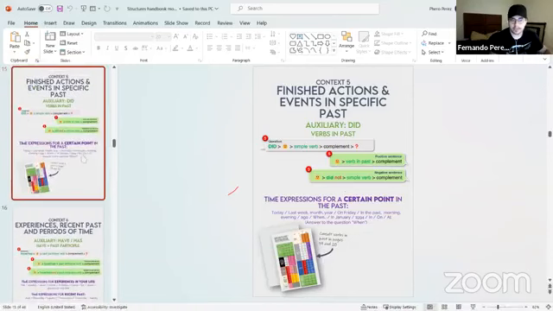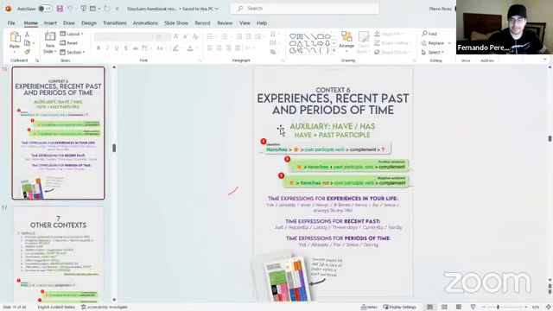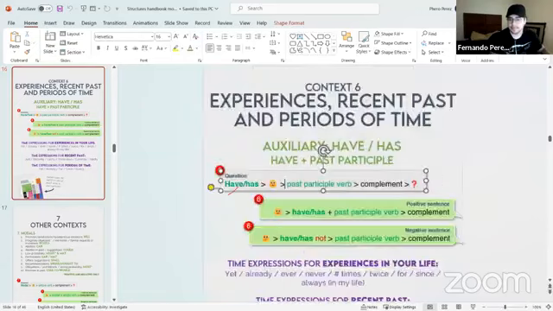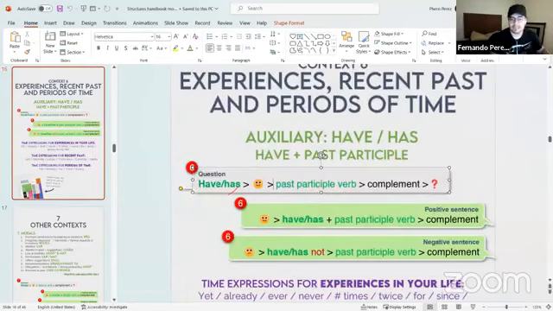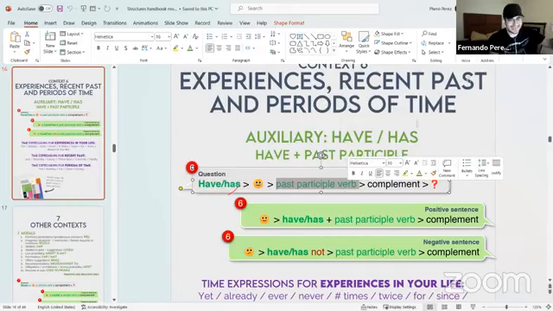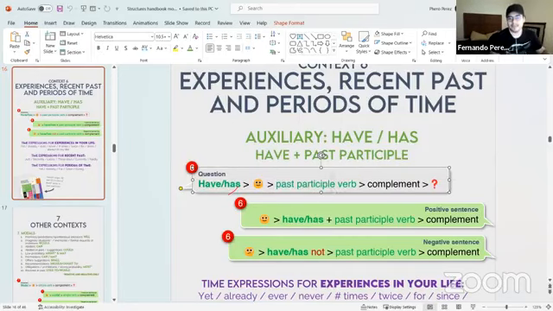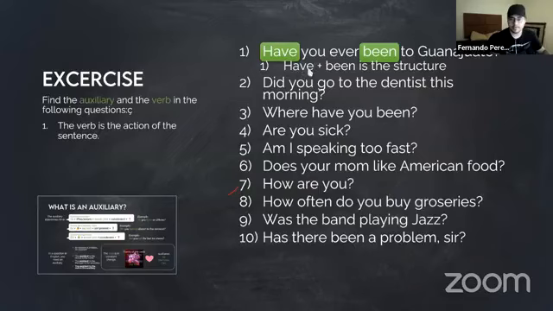This is context number 6, which includes have and has and verb in past participle. This is for the next classes. Okay. Six. Let's go to the next.